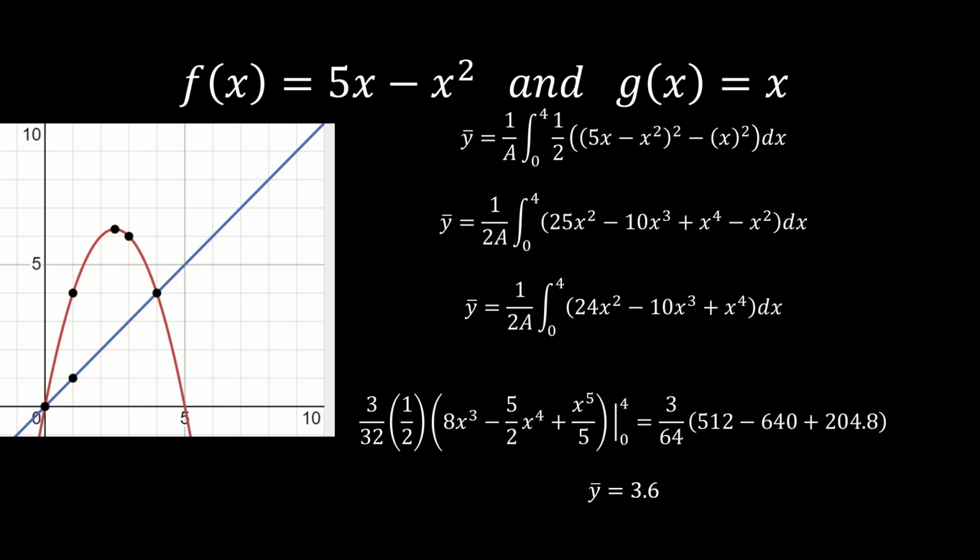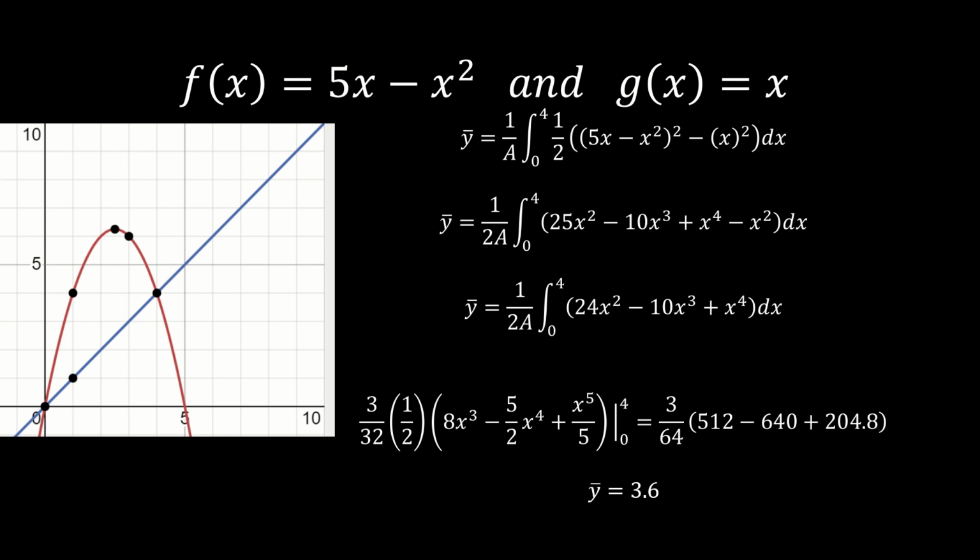That becomes 24x squared minus 10x cubed plus x to the fourth. And solving that integral, we have 3/32 times 1/2 times 8x cubed minus 5 halves x to the fourth plus x to the fifth over 5, from 0 to 4.